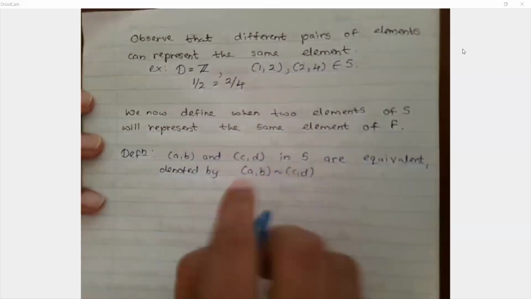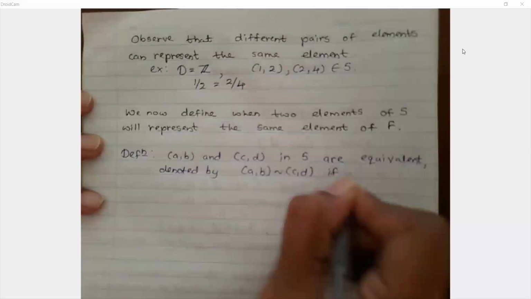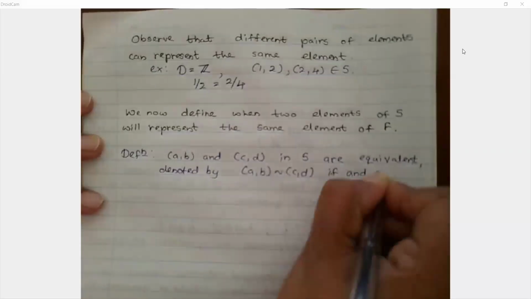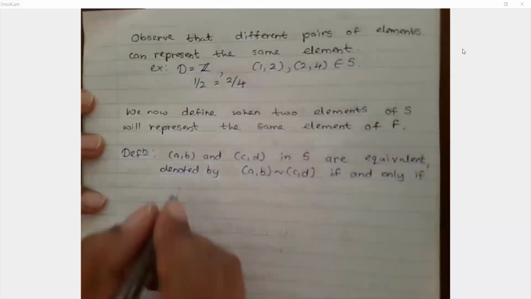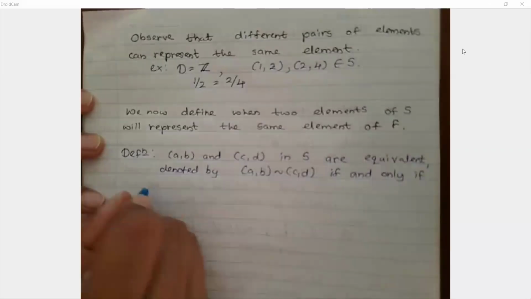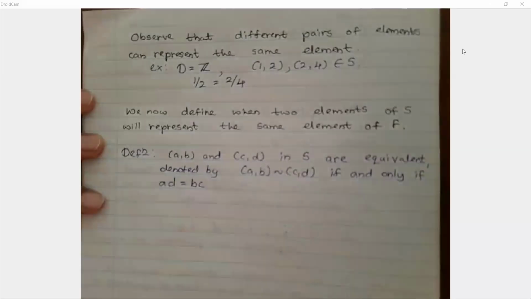So AB is equivalent to CD if and only if AD is equal to BC, right?